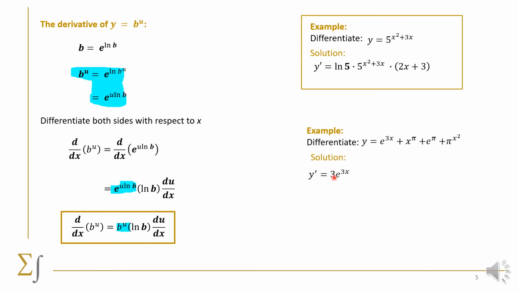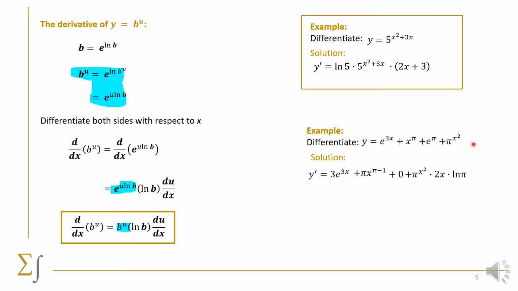So for the first term in differentiation, we have 3 e power 3x. Plus x power pi. We know how to differentiate x power n, so we put the pi down and reduce the exponent by 1, so we have pi x power pi minus 1. And then we come to this term. This term actually is a constant, so its derivative is 0.